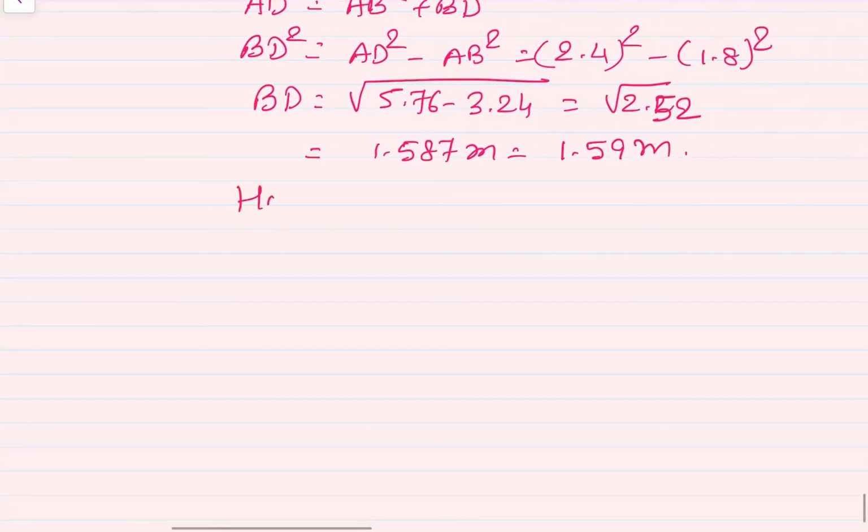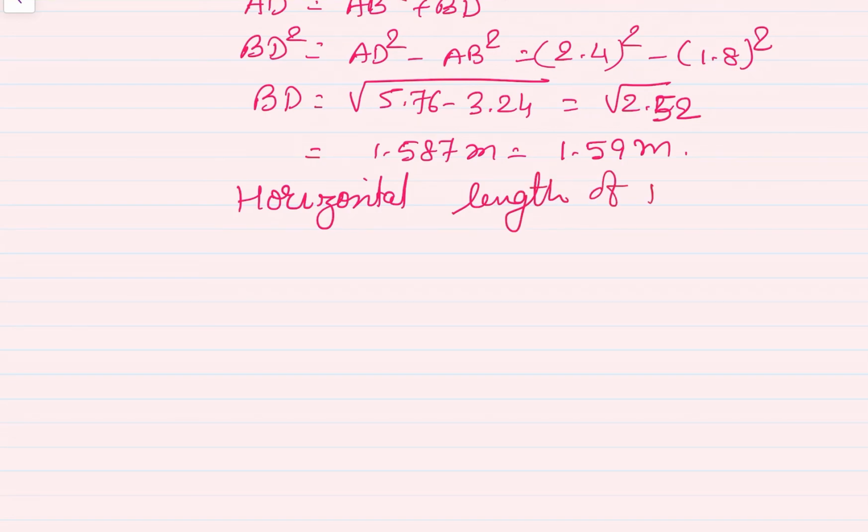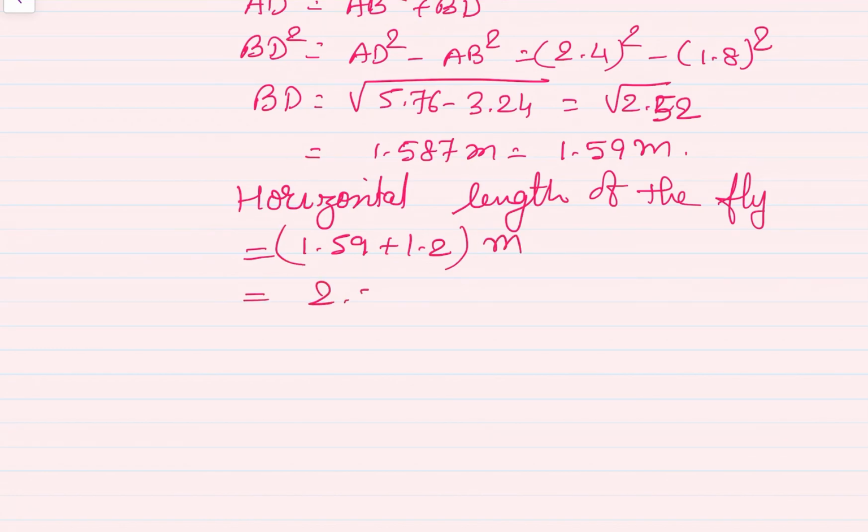So the horizontal length of the fly is equal to 1.59 plus 1.2 meters, which is equal to 2.79 meters. So that is your answer.